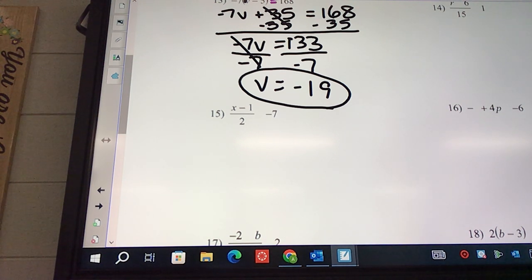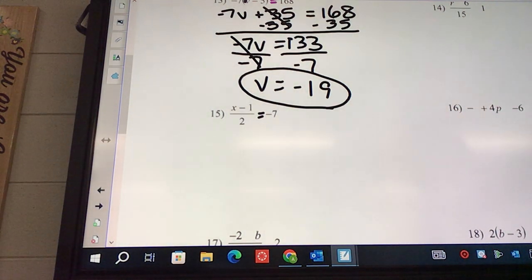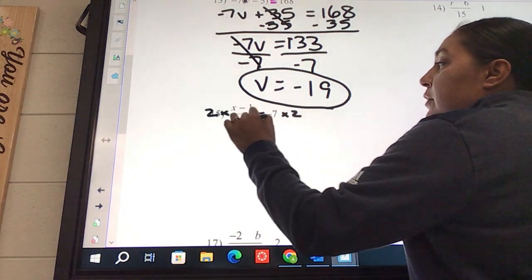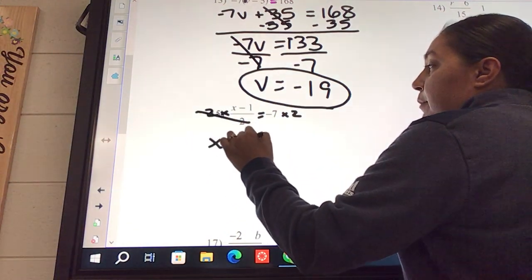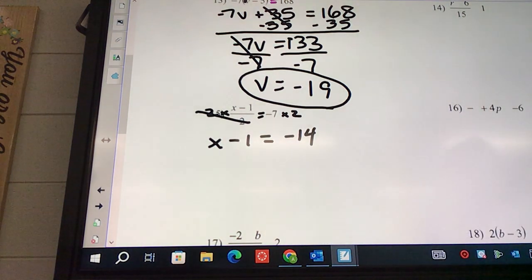How do we move that bottom number? What did we do first? We multiplied, and what are we gonna be multiplying by? The 2, because it's on the bottom. Okay, so we're gonna say times 2, times 2. So I got x minus 1 equals, and it's gonna give me negative 14.